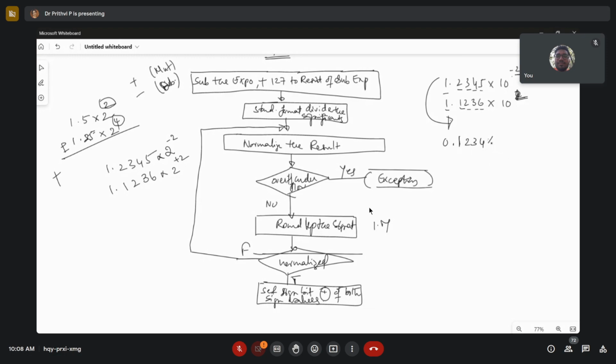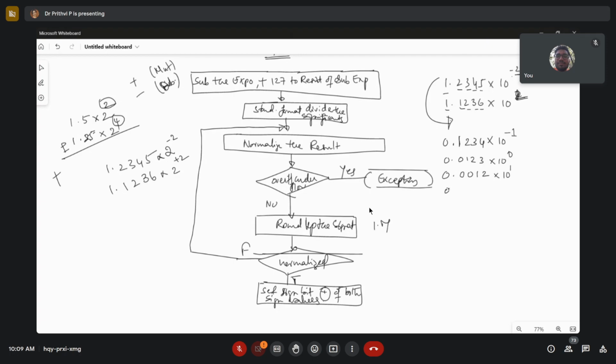Now what will be my exponent? 10 power minus 1. Now one more right shift, 10 power 0. One more, it is 1.